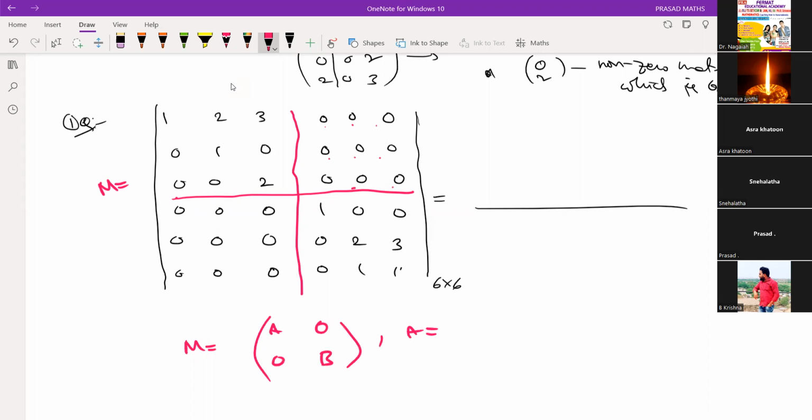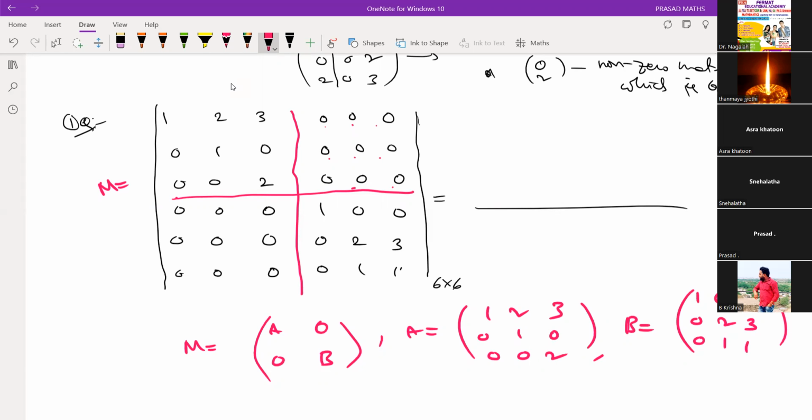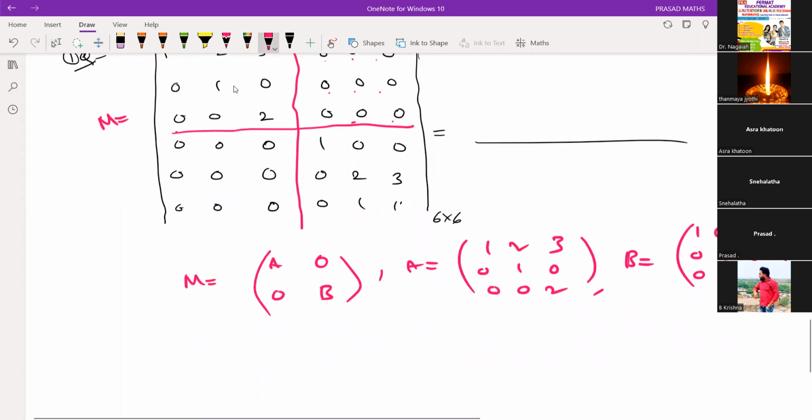What is A? A is 1 2 3, 0 1 0, 0 0 2. My B matrix is 1 0 0, 0 2 3, 0 1 1. Our aim is to find det M. It looks like a diagonal matrix, so the product of the determinants of the diagonal blocks.